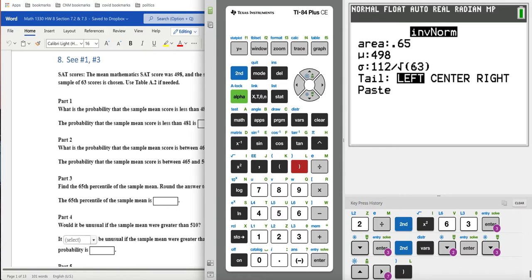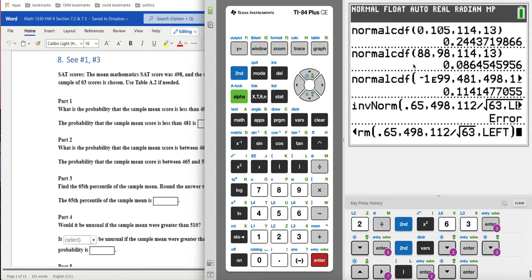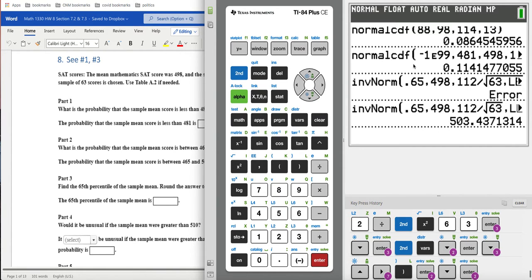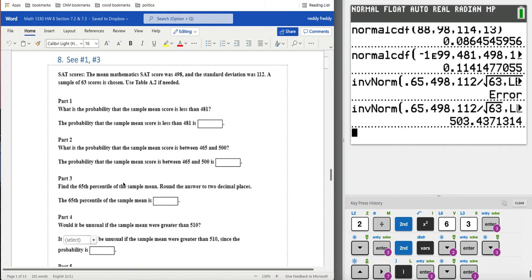But in the regular handheld calculator, it won't give you that error doing what I did now. So 503 is going to be the answer for the 65th percentile.